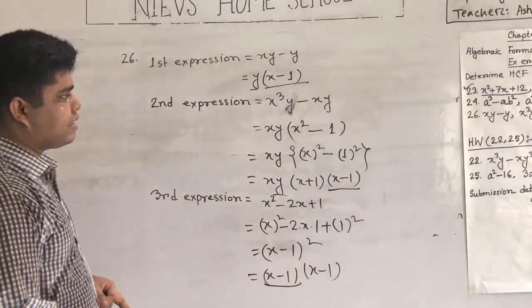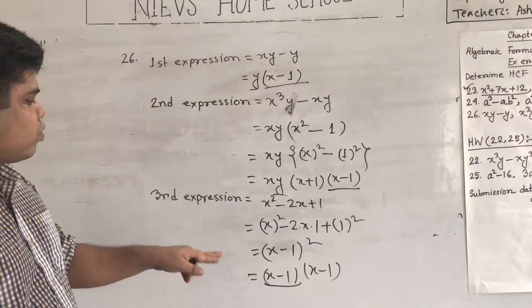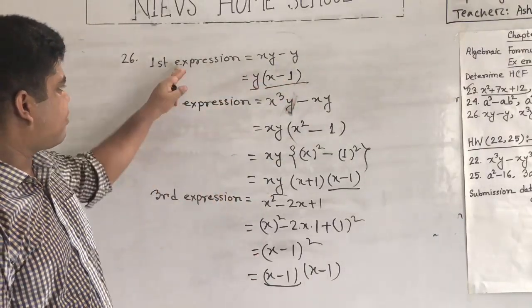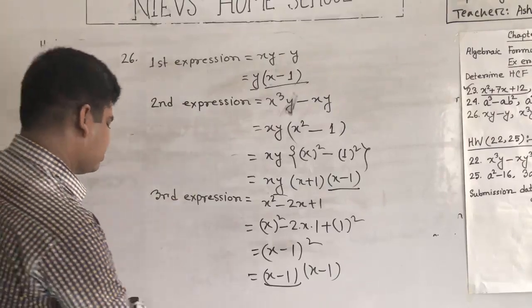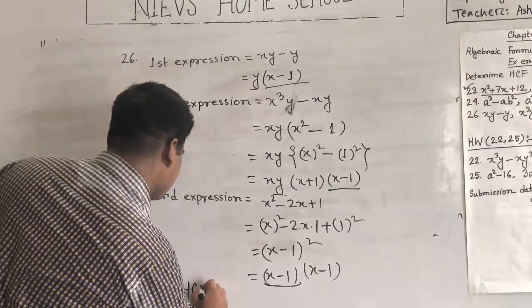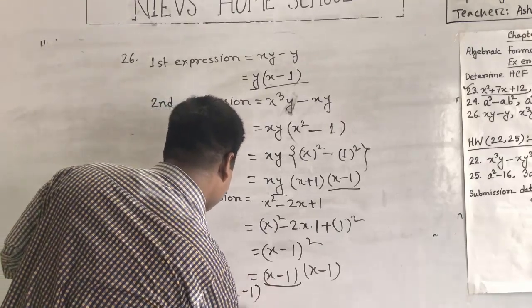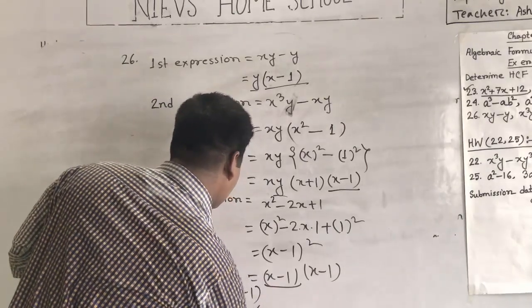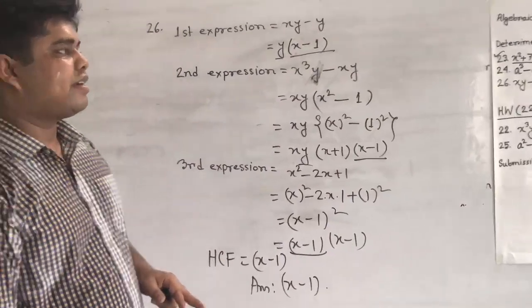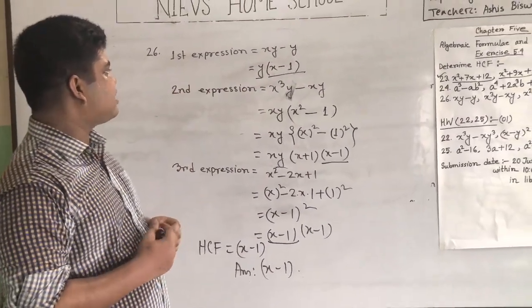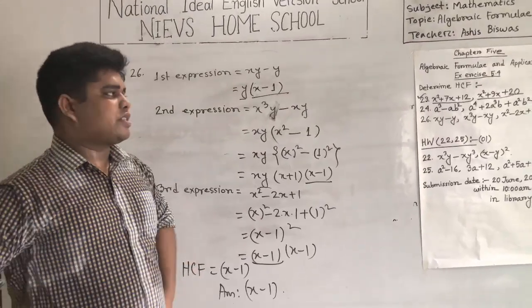So we say that x minus 1 is the HCF of the three expressions. So we write HCF equal to x minus 1. Answer x minus 1, and it is the required answer. I hope you have understood how to find out the HCF of the given expressions.